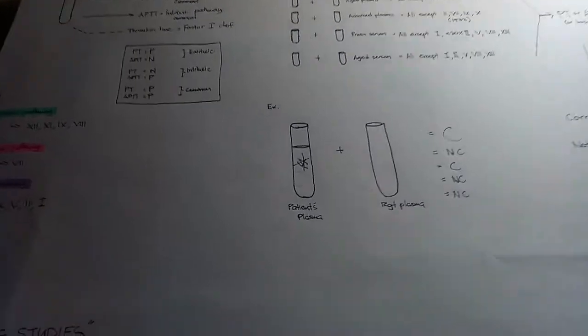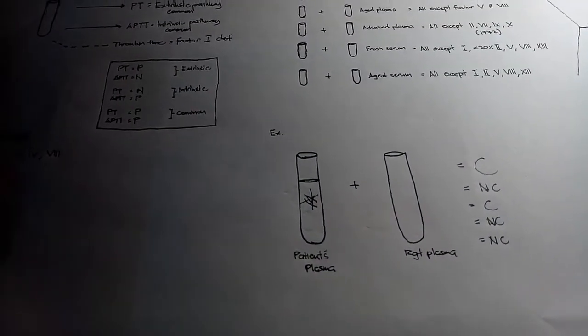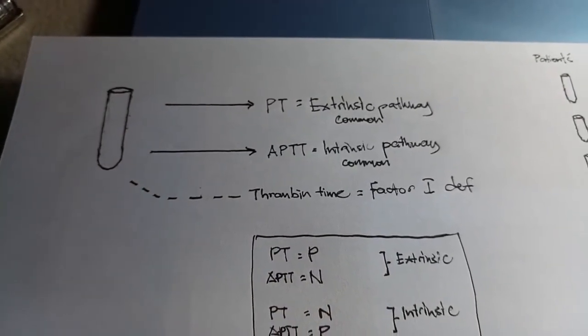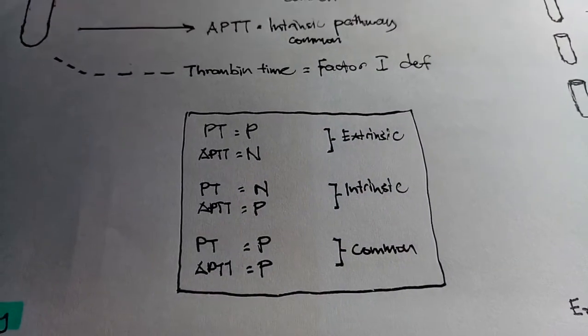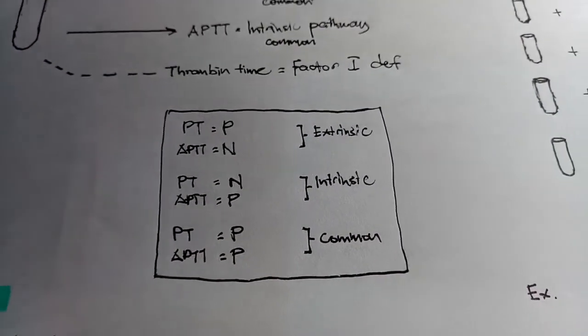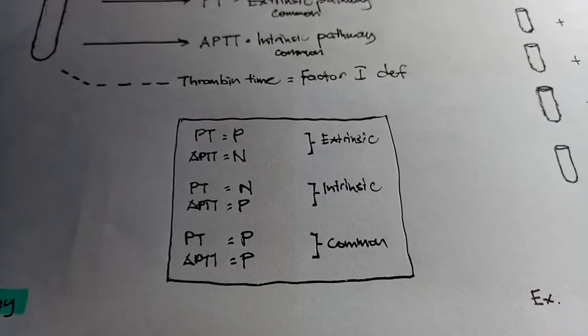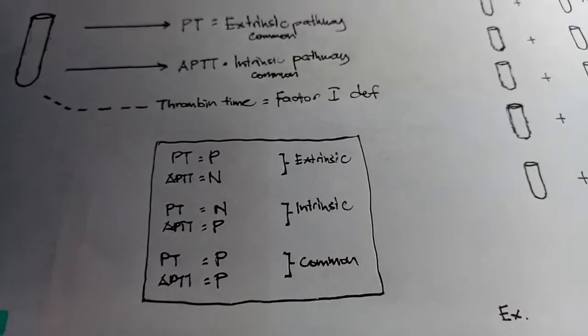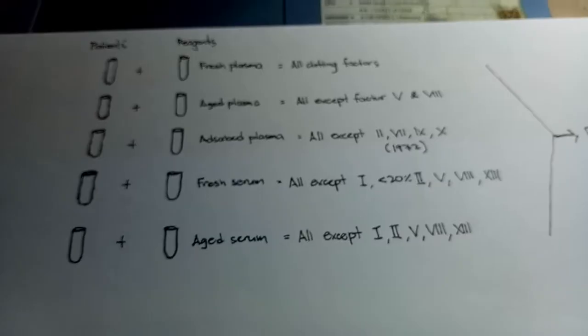Okay? So, again, let's recap natin. First is you perform PT and APTT. So, whatever will be the result, ito yung mga possible result natin. Ito yung possible 1, 2, 3. So, whichever is the result diyan, okay, ang next na gagawin is the mixing part.